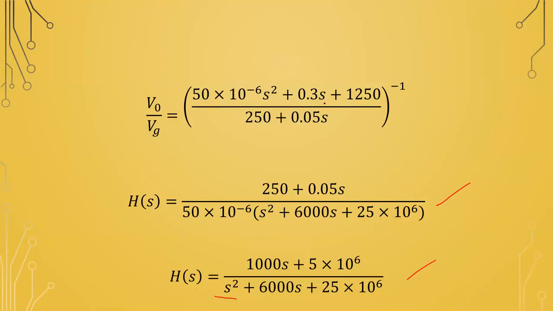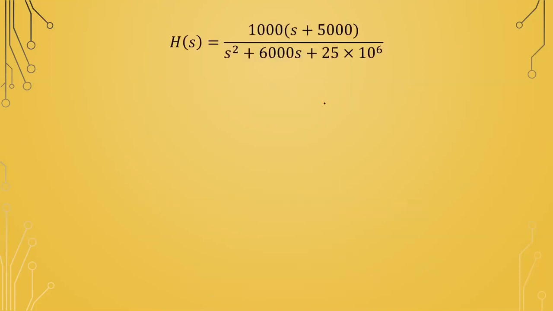That's it. So if we simplify a little further, all right, we get 1,000 to s plus 5,000, and we have that as our denominator. So for our zeros, off the bat, our zero would occur at s being equal to minus 5,000.